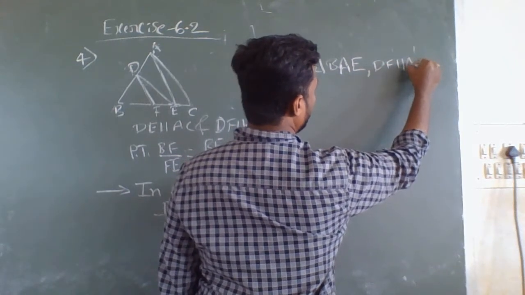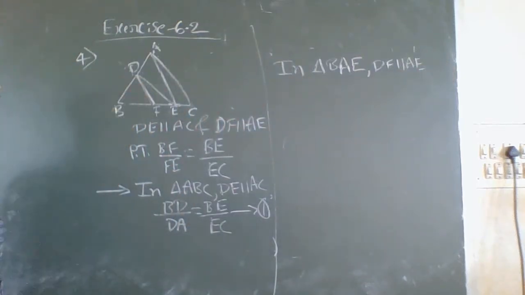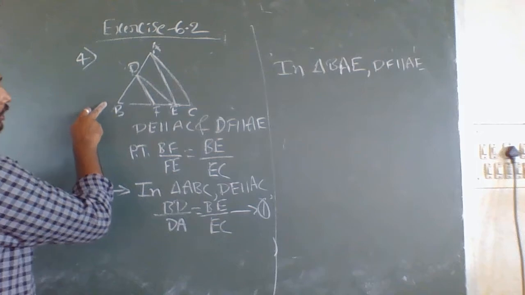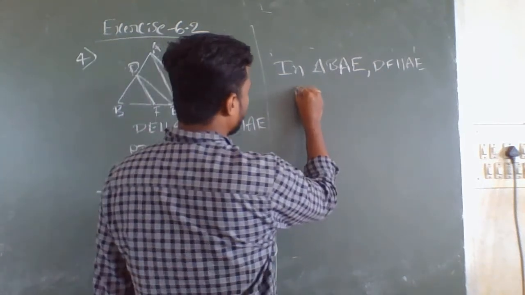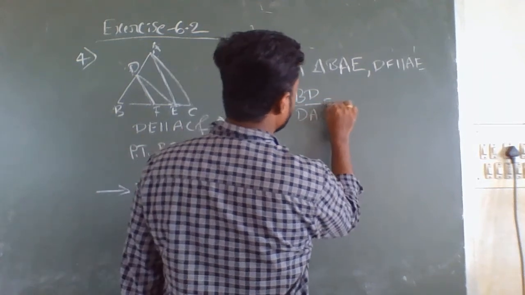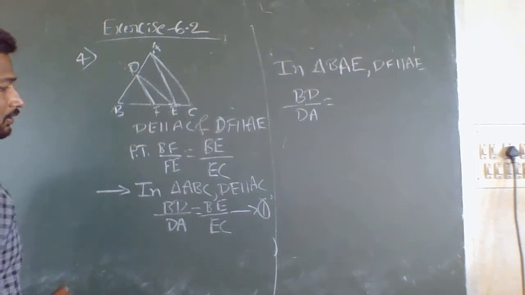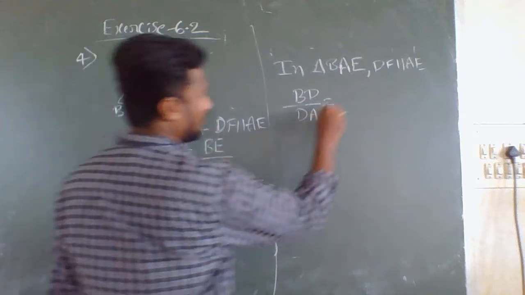If DF is parallel to AE, using the first theorem, what we can write here is BD by DA is equal to BF by FE.